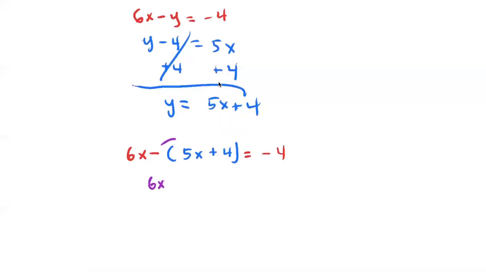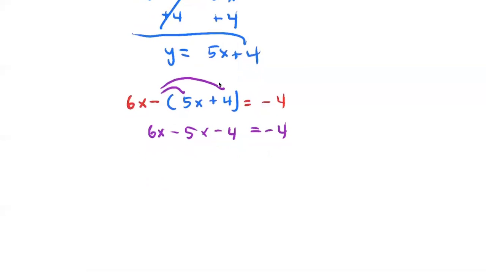Remember we distribute this negative to both terms. So we get 6x minus 5x minus 4, which is equal to negative 4. Let's simplify. 6x minus 5x is x. Then minus 4 is equal to negative 4. The negative 4 is bothering the x, so we add 4 and we get x is equal to 0.